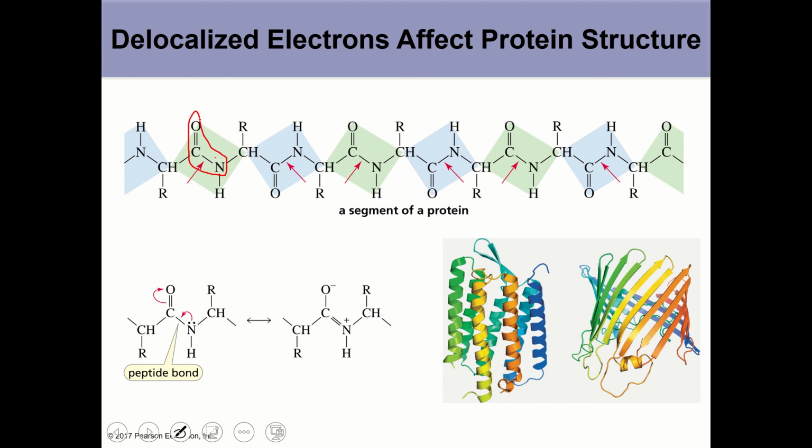So these 3 electrons are sharing the pi and the lone pair electrons of nitrogen and carbon and oxygen. So for every single amino acid, we have delocalized electrons, and that has a significant biological effect.